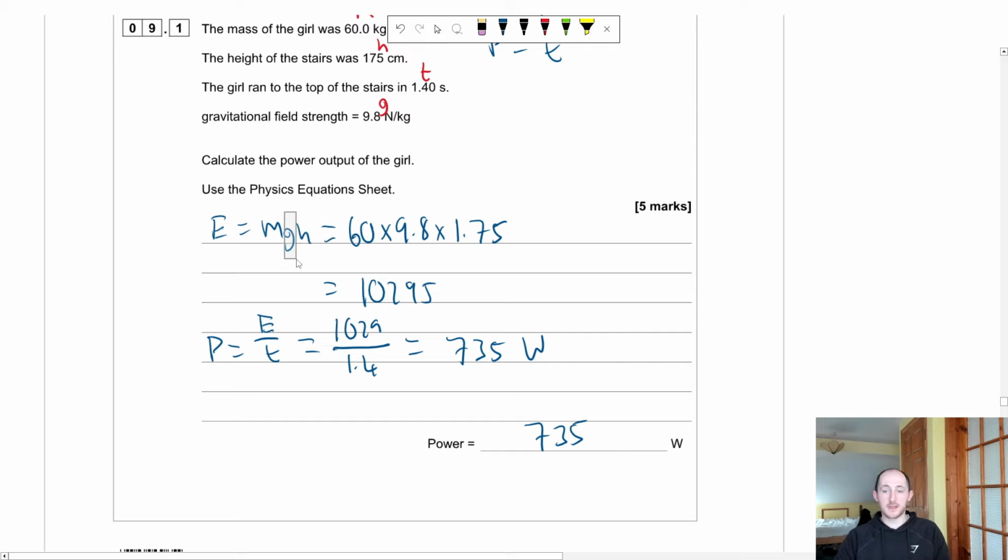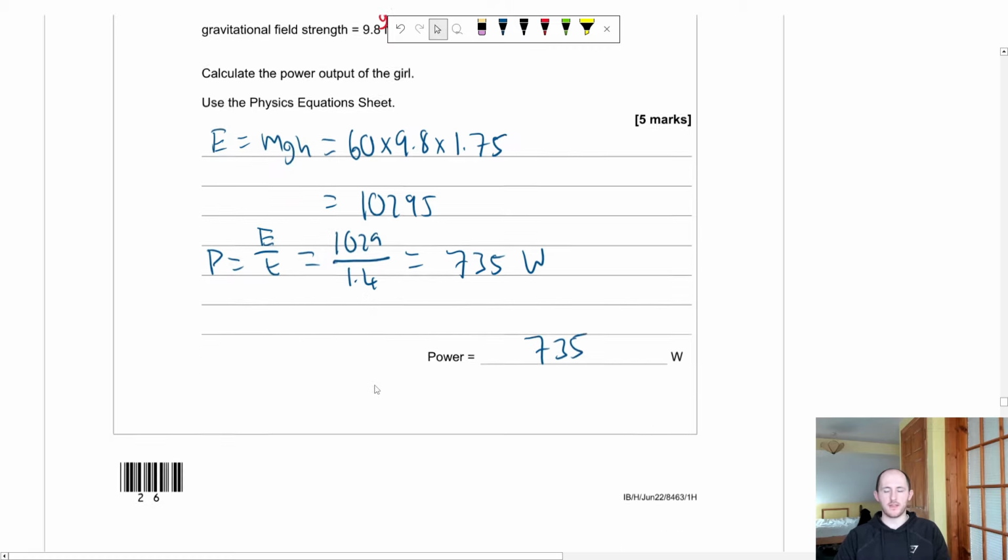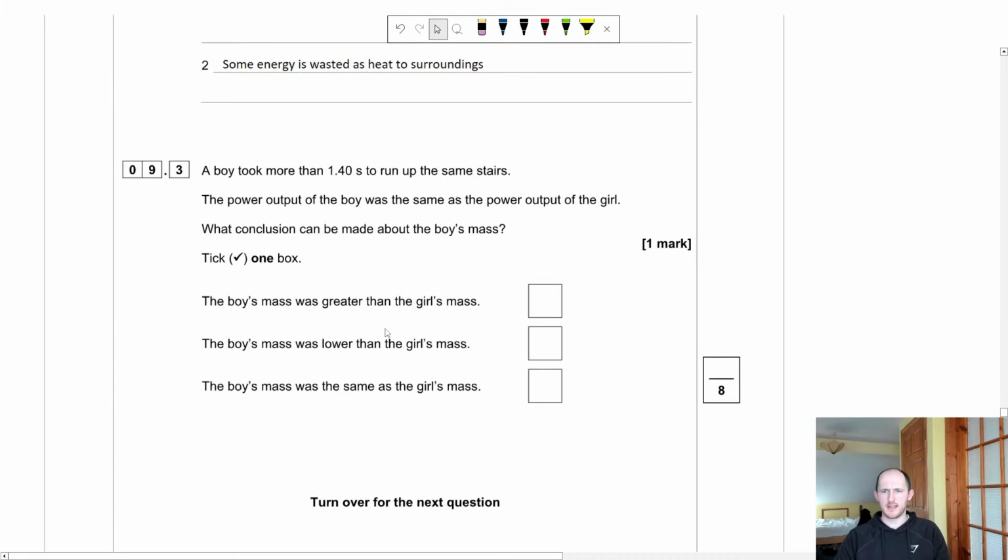Because he's also on the same planet as her, g didn't change. So the only thing you can say is that his mass must be bigger because his energy must be bigger, because this thing was the same despite the fact that the denominator got bigger. So it says the boy's mass must have been greater than the girl's mass. That's the conclusion that you can draw. And hopefully that makes sense. If not, again, please let me know in the comments and I'll explain it further.